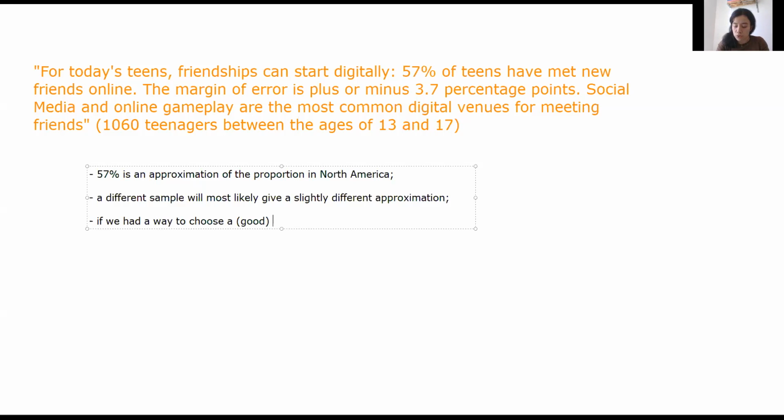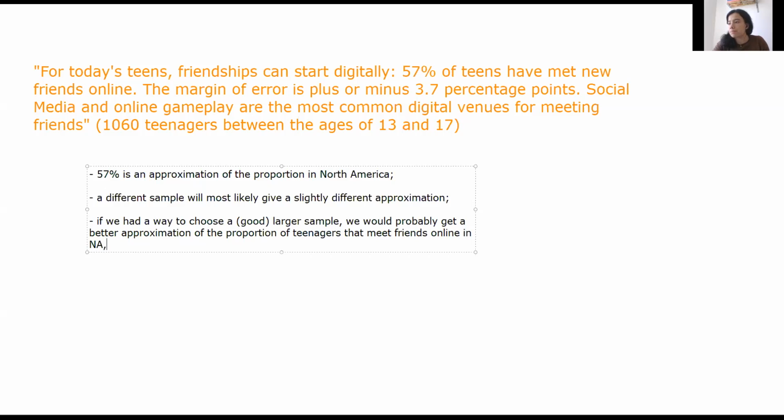If we had a way to choose a good larger sample, we would probably get a better approximation of the proportion of teenagers that meet friends online in North America.